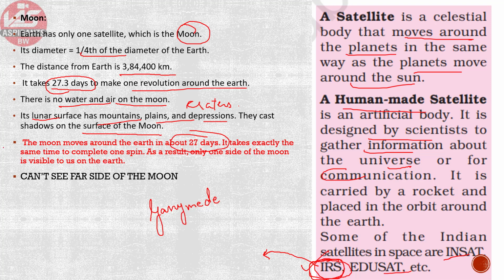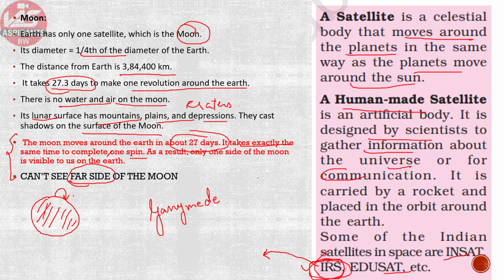And one of the most important things is, if we see the moon, we are never able to see the back side of the moon, which is also known as the far side of the moon. So we always only see one side, the front side of the moon. We cannot see the back side. Why is that? Because the moon takes around 27 days to move around the Earth, and it takes exactly the same time to complete one spin.